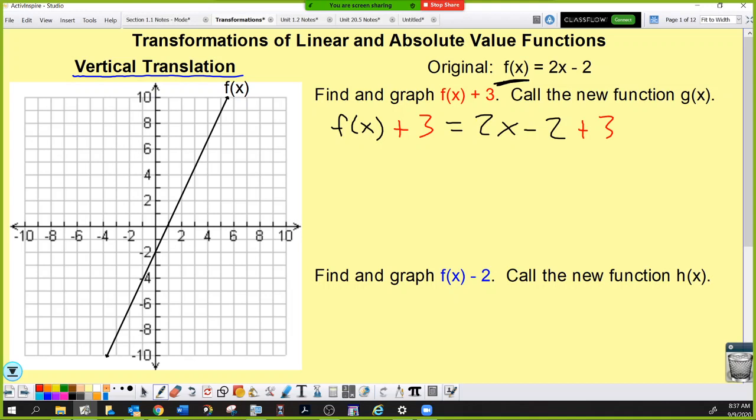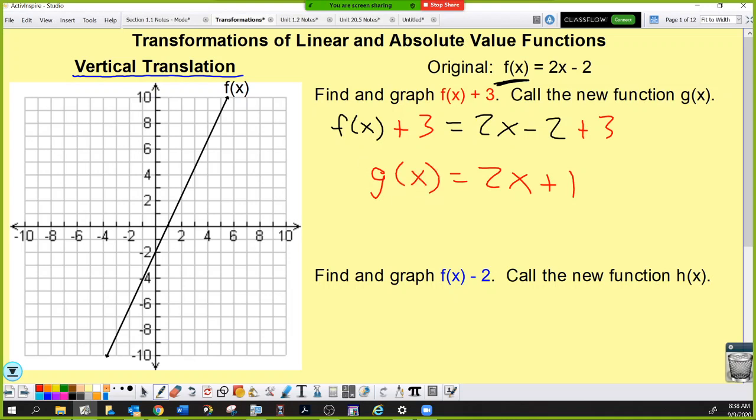I'm hoping that the color coding is making a difference. I've stuck a plus 3 here, so I did it here also. We can simplify this and clean it up, and we'll do the whole thing in red because I'm going to graph it in red. 2x, negative 2 plus 3 is positive 1, and we were told to call this g of x.